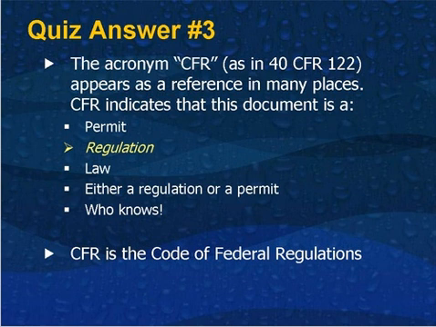But CFR is the Code of Federal Regulations. So if you see a citation that says CFR, that does mean that it applies to you and it is a regulation. And EPA publishes, as I said, regulations in the Federal Register, and then later on, every year the federal government compiles all the regulations that have been published into the Code of Federal Regulations and issues a new code.